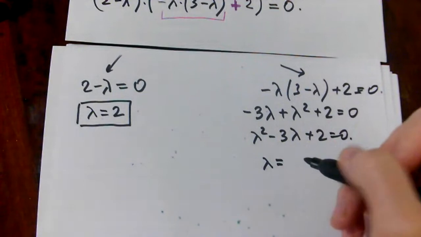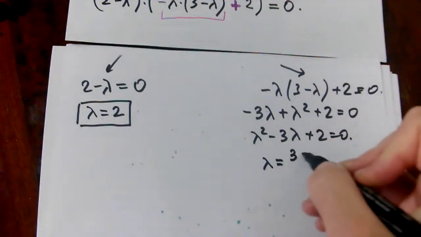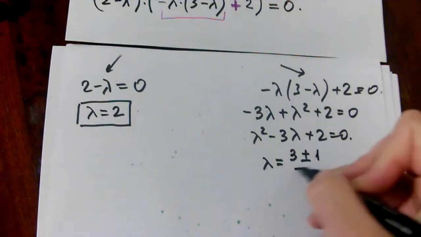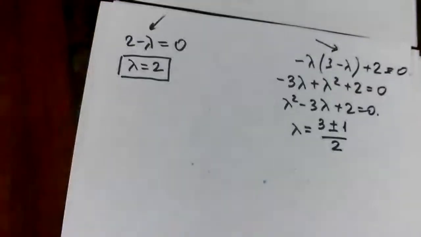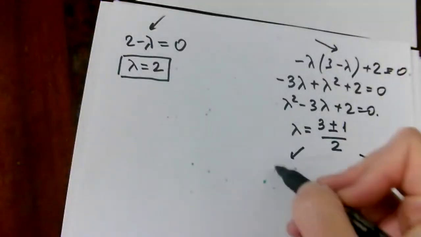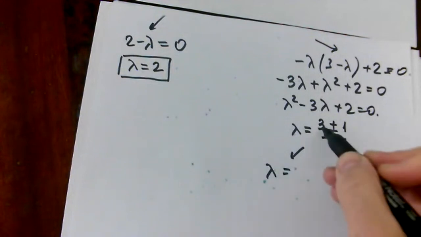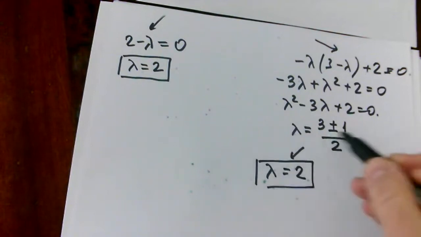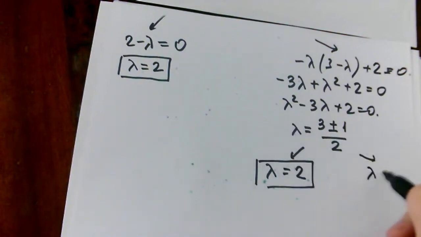You remember this word discriminant and everything. So it will be 3 plus minus the discriminant, which is 9 minus 8, so 1, divided by 2. And finally, we have 2 more roots. The plus sign corresponds to 2, and the minus sign corresponds to 1.